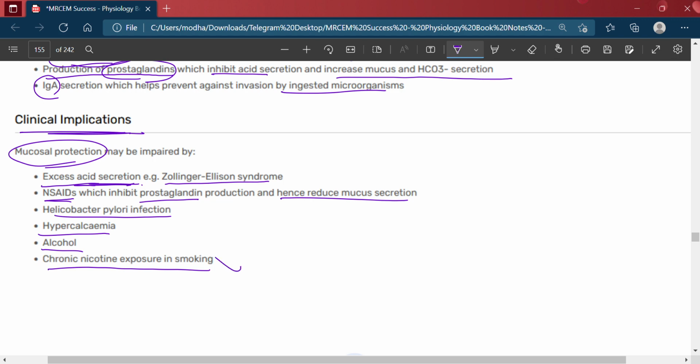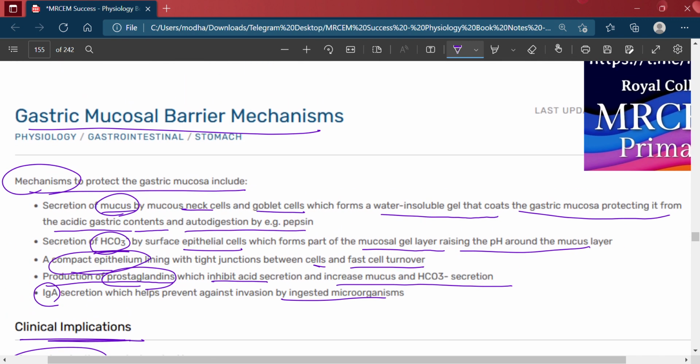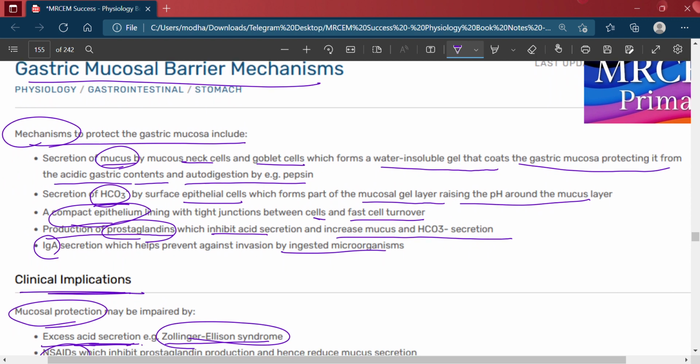So the Zollinger-Ellison syndrome, H. pylori infection, NSAIDs, which inhibit the prostaglandin production and hence reduce the mucus secretion, hypercalcemia, alcohol, and nicotine. This all will cause the gastric mucosal barrier to be impaired.